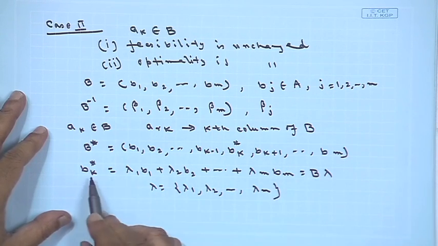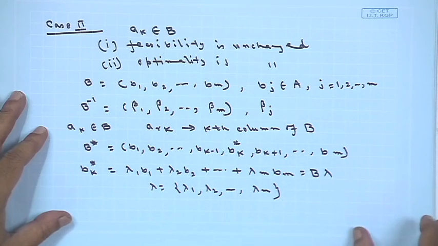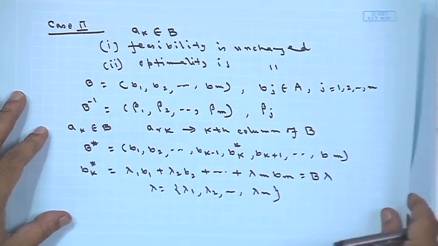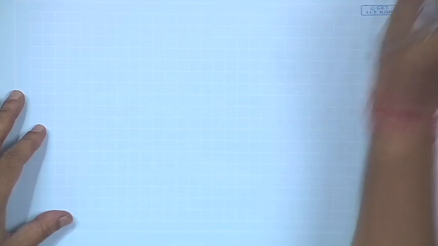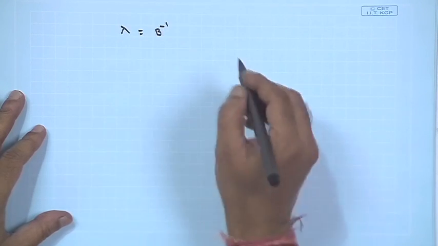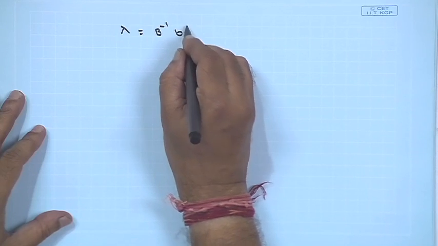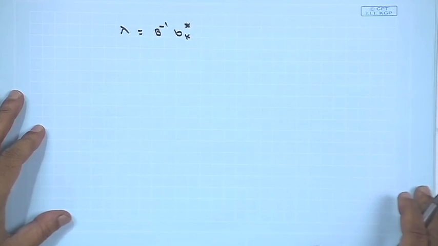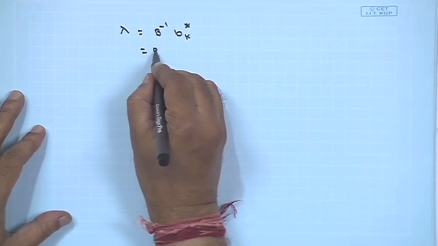So, since B k star equals B into lambda, I can write the value of lambda as B inverse into B k star. And what is B k star?